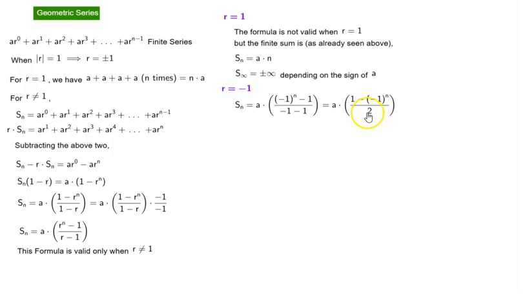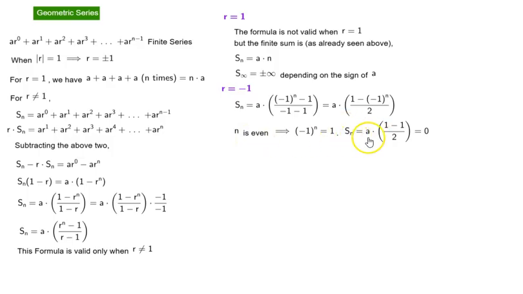Now here what I have done is the minus in the denominator, we have minus 1 minus 1, minus 2 it becomes. That minus I have taken up and switched the terms here. So now this minus 1 to the power of n will be 1 when n is even.